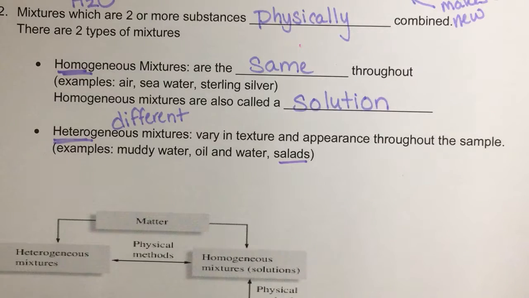If I make a salad, if I look at a salad, I can tell the difference between the lettuce and the cucumbers and the tomatoes and everything that goes in the salad. When I stir them up, it doesn't suddenly all look the same. I can still tell what's in the salad. Versus a homogeneous mixture, if I take salt and water and stir them up, I can't tell where the salt is, I can't tell where the water is, it all looks the same, okay?